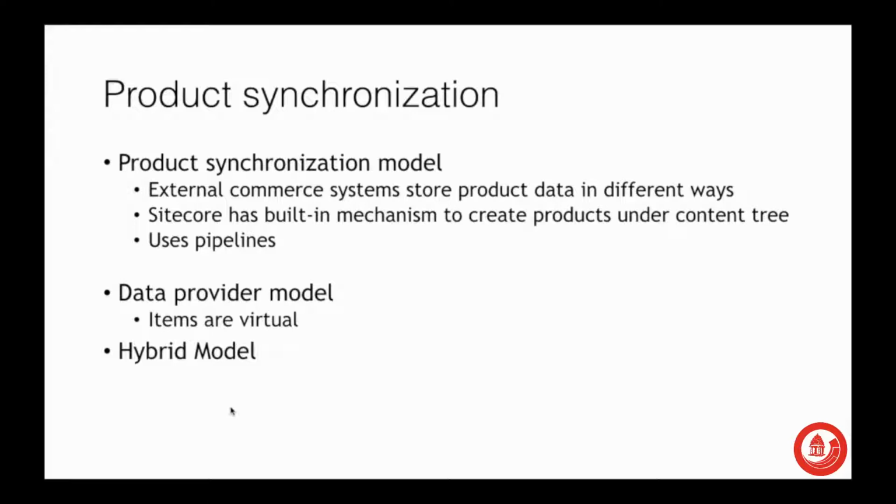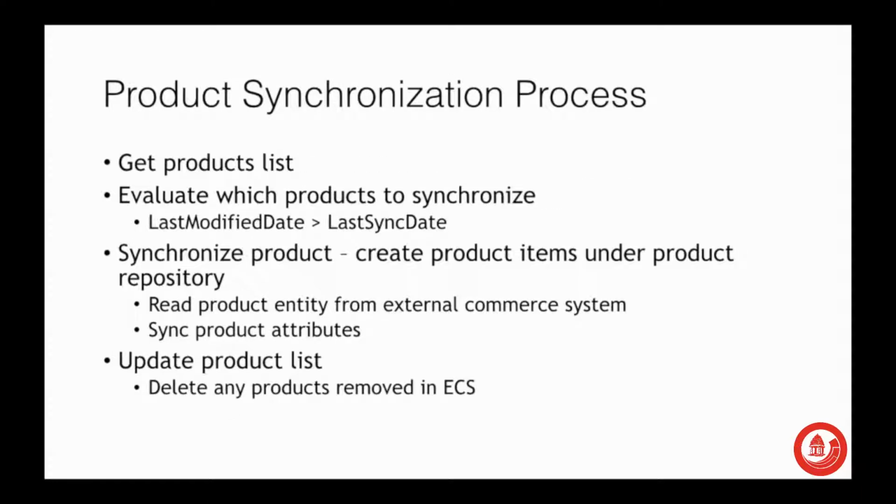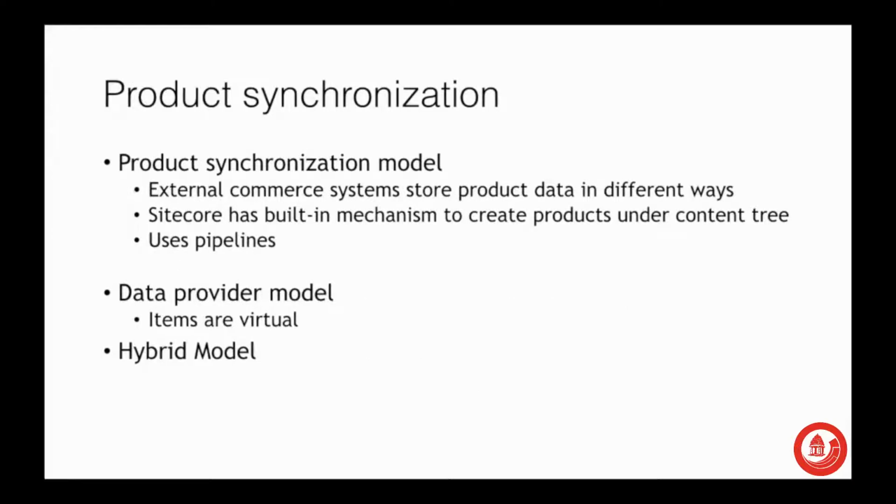Product synchronization. External commerce systems store product data in different ways. Sitecore has a built-in mechanism to create products under the content tree, and it uses pipelines. Like I mentioned, the product synchronization model is going to be different for different external commerce systems, so this is the custom code that you are going to write.